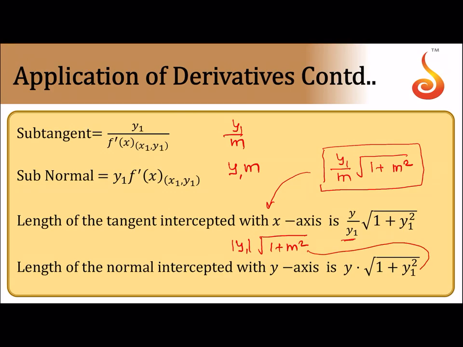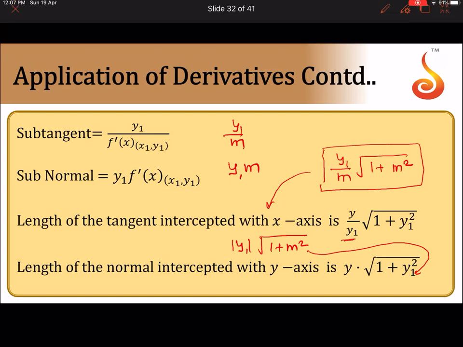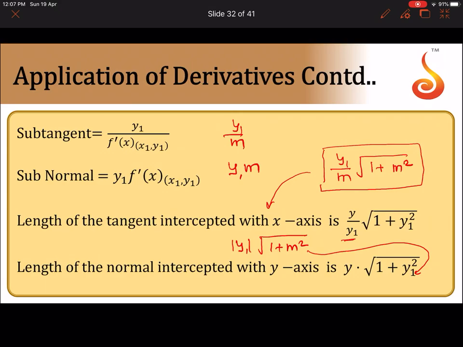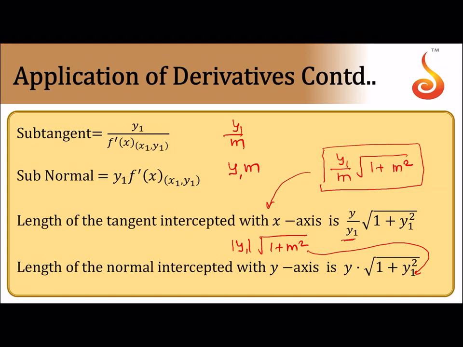So this is the length of tangent: y1 by m into under root of 1 plus m square. Length of normal is nothing but mod y1 into under root of 1 plus m square. It is easy to remember.